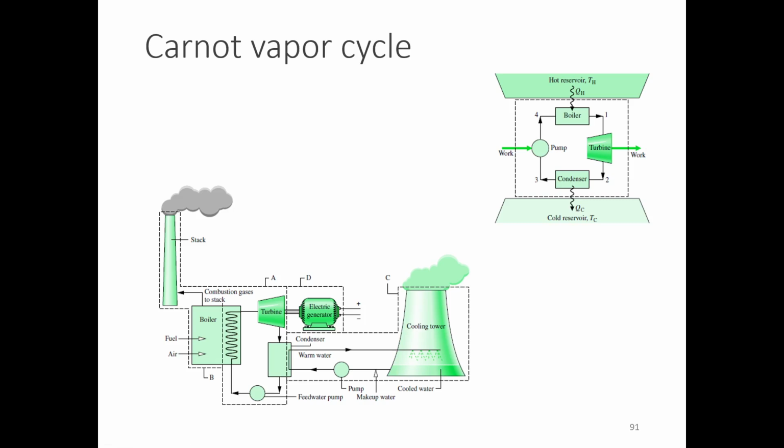If we have time, we will be talking about four cycles. Basically, we can divide them into two categories. One is gas power cycles, the other is vapor power cycles. In vapor power cycles, we have Carnot and Rankine cycles.